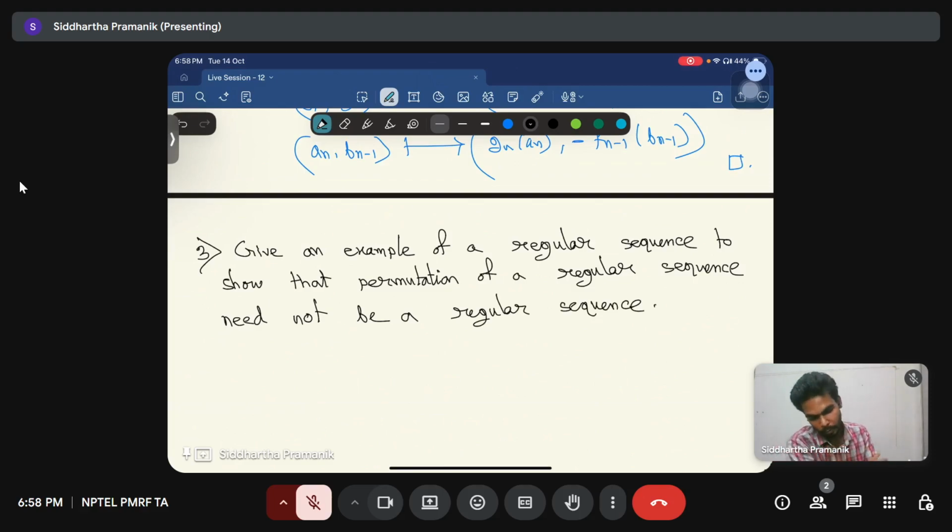Okay, so permutation of a regular sequence need not be a regular sequence. So we have to give a counter example for this one. So let's recall the definition of regular sequence first.